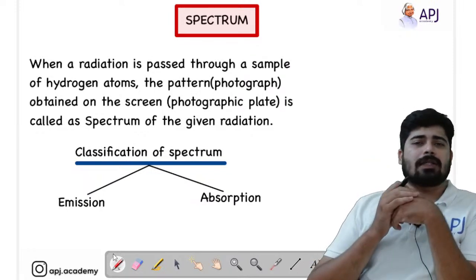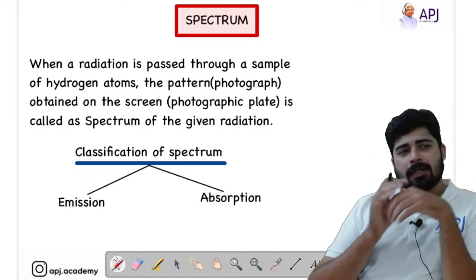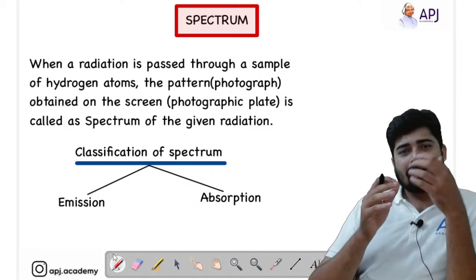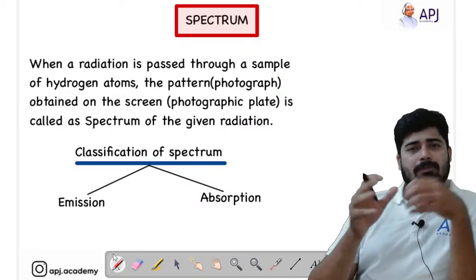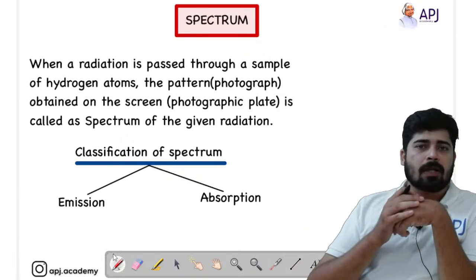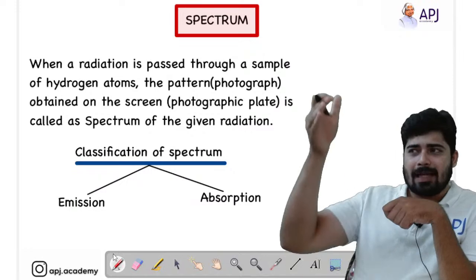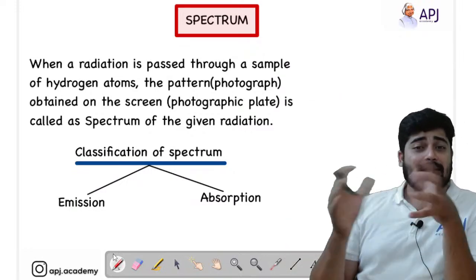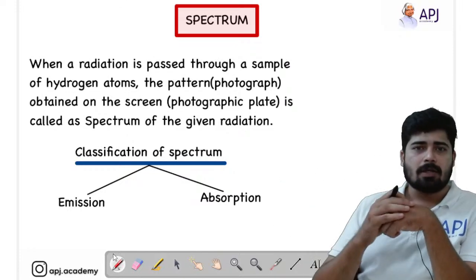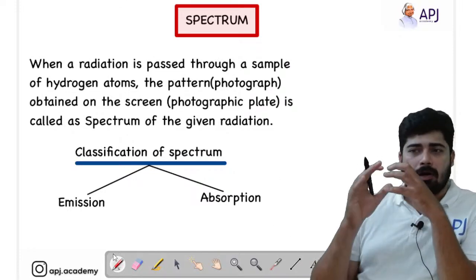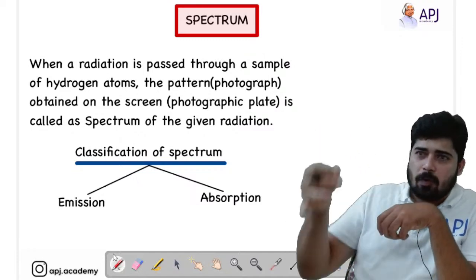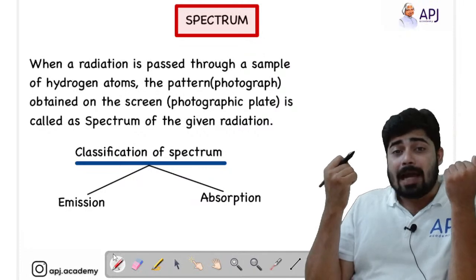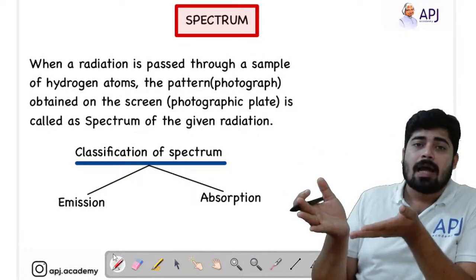One more thing you have to understand is that these energies are emitted or absorbed in the form of photons, and when these photons are trapped on a photographic plate, they show certain patterns, and these photographs are called a spectrum.